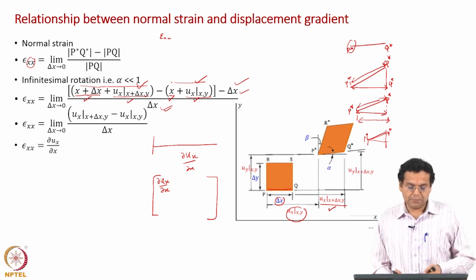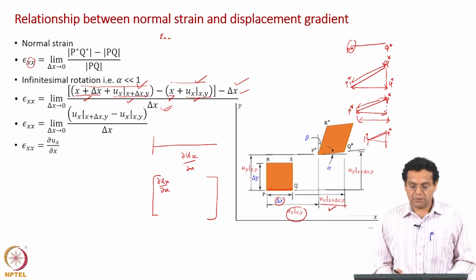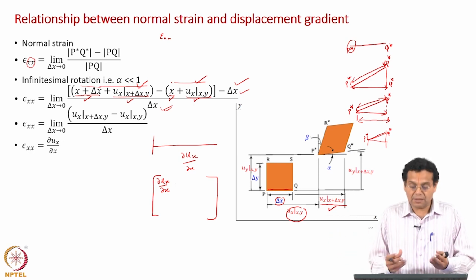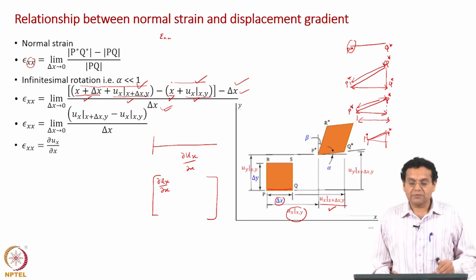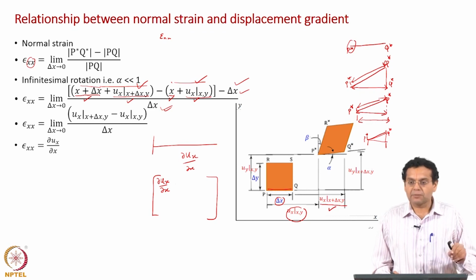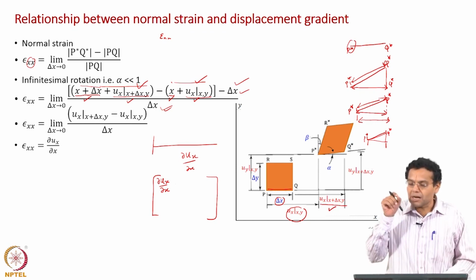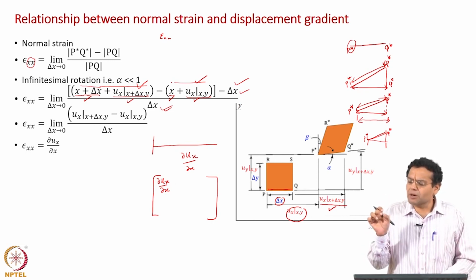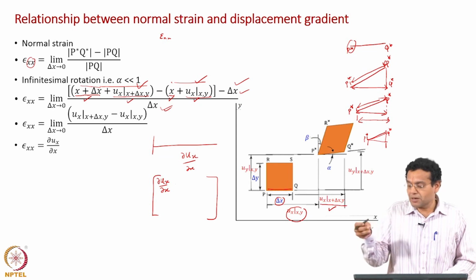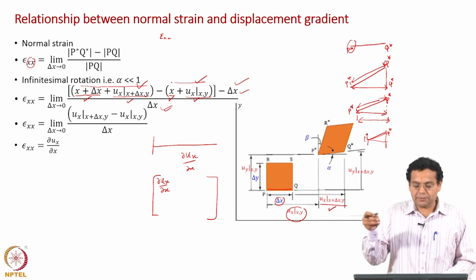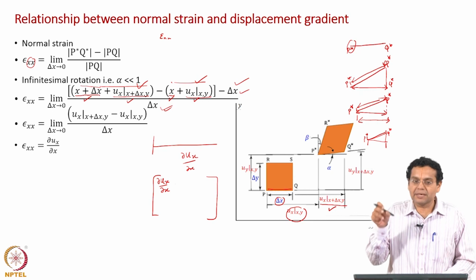When you look at dou ux by dou x, one mathematical way of looking at it is how x displacement varies with x. But now, look at the physical significance, because it has got a nice physical significance, namely normal strain. What does it mean? If at a point, remember all our point definitions, at a point you take a small length, and based on the application of force, epsilon xx or dou ux by dou x tells you the fractional change in length of that line segment at that particular point.